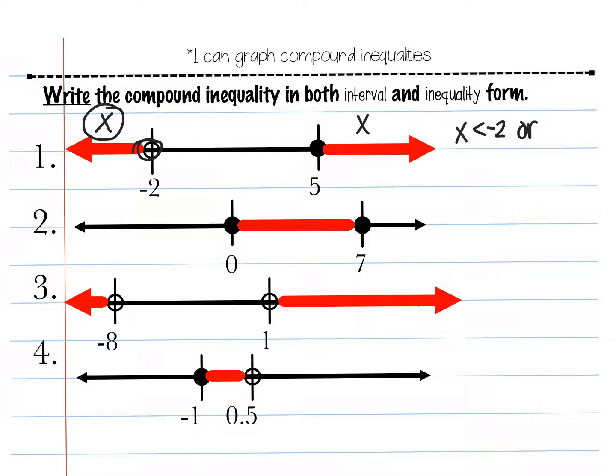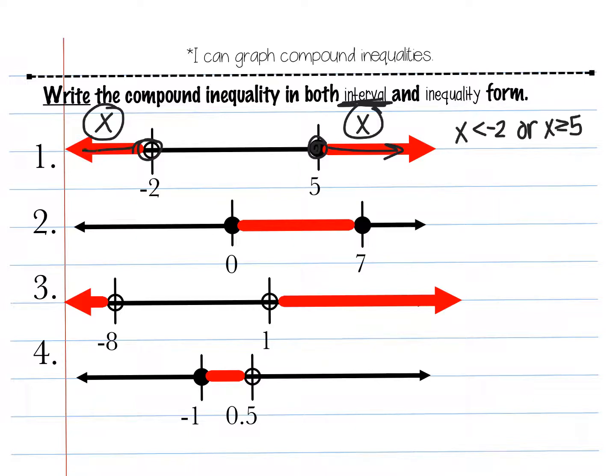So x is less than -2 or x is greater than or equal to 5. And I can see that the x's are greater than 5, but they're also equal to, so I fill it in. So that's how we write a compound inequality in inequality form. So we're going to practice that interval form that we talked about because this is going to make our lives easier later on if we become comfortable with it.